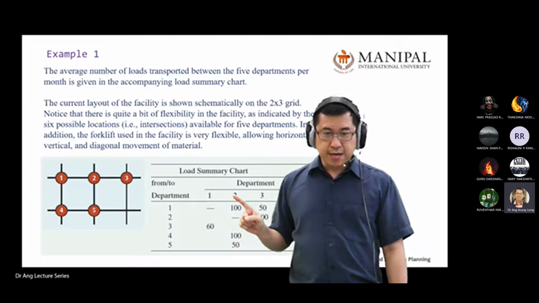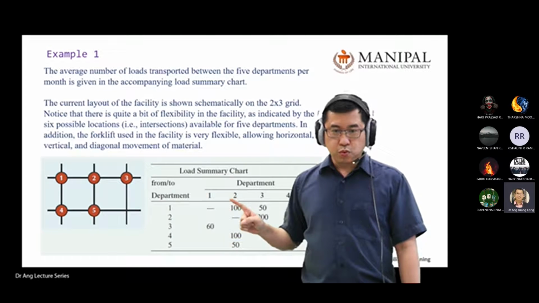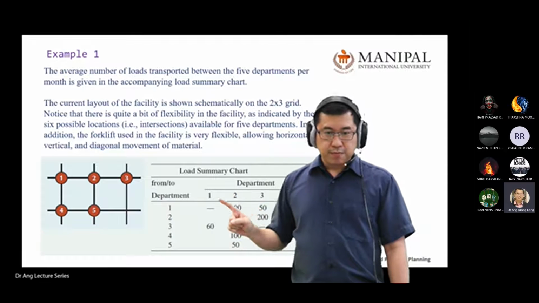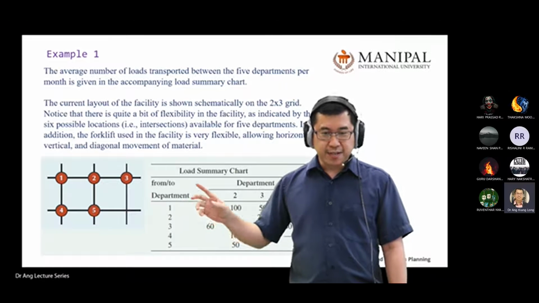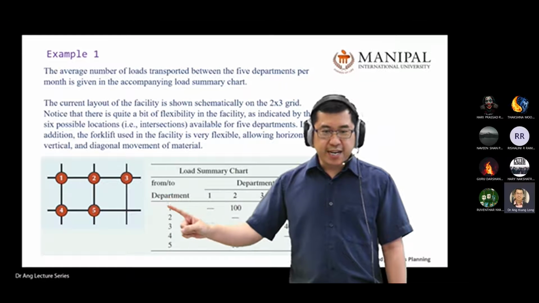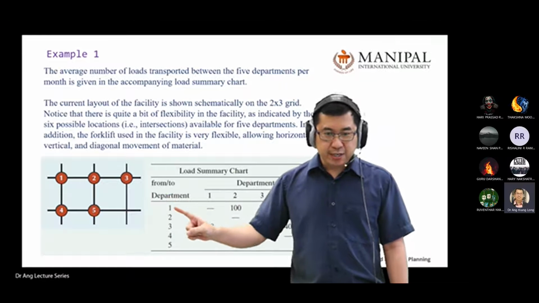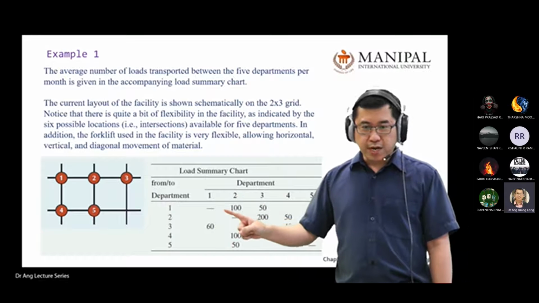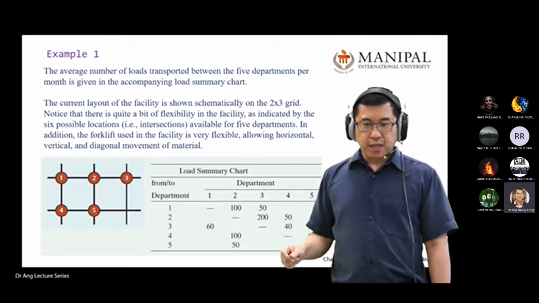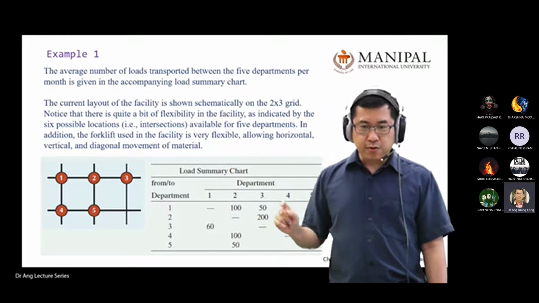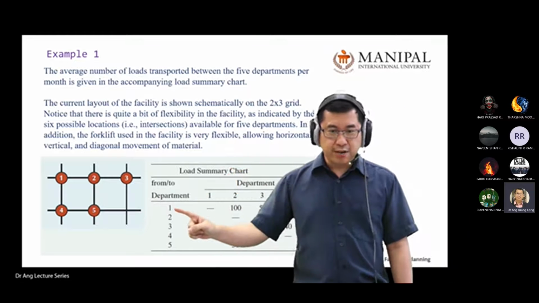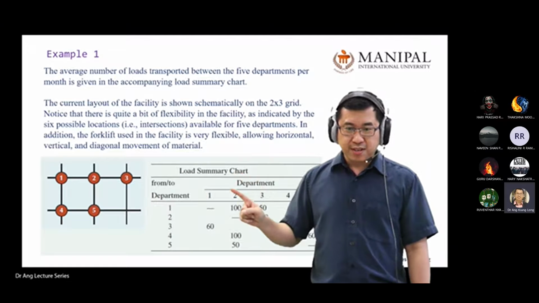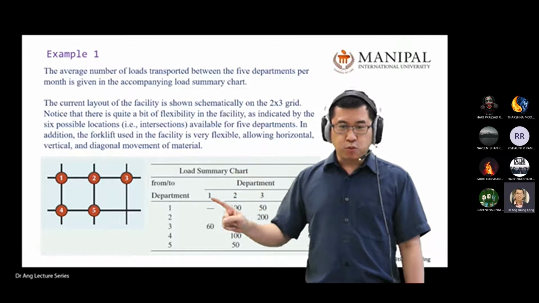And what about 1 to 2? Let me do it slowly. You send the item from department 1 to department 2. There's 100 movements here. If you use the go and back arrow, it means you send your item from 1 to 2, and it must be from 2 back to 1 also.